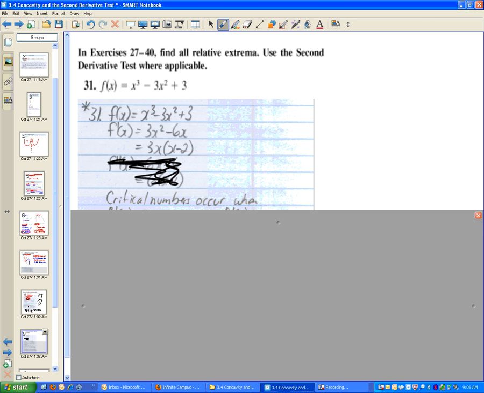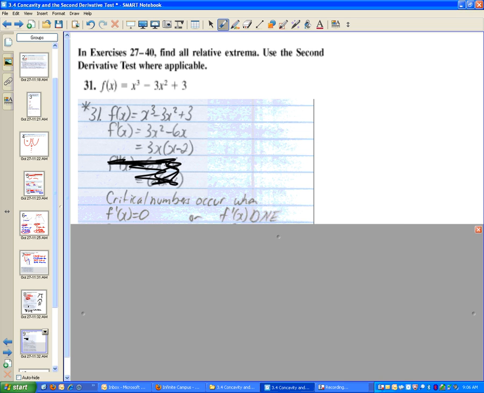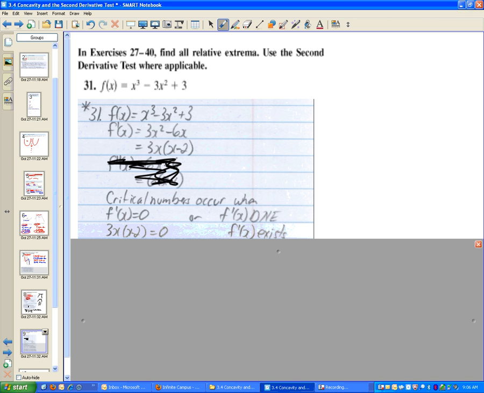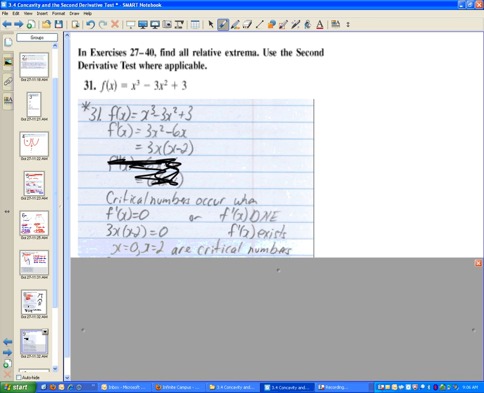Critical numbers occur when f prime of x equals 0, or f prime of x does not exist. F prime is a polynomial function. It exists. So you set the derivative equal to 0. 3x times the quantity x minus 2 equals 0. What are our two critical numbers? 0 and 2. x equals 0 and x equals 2 are critical numbers.